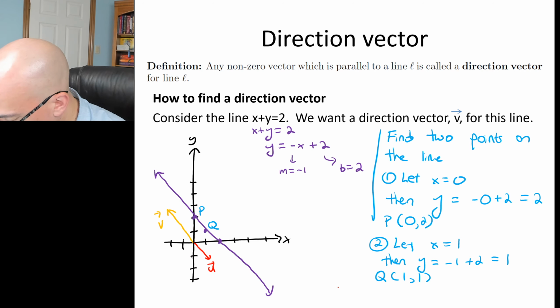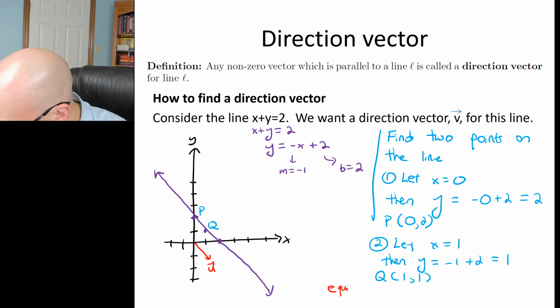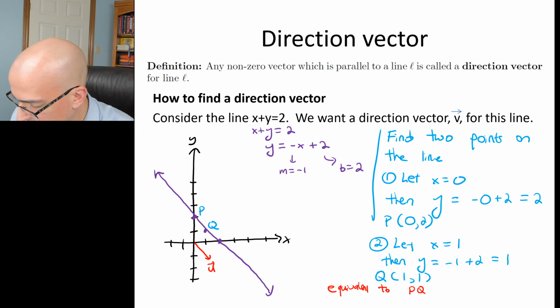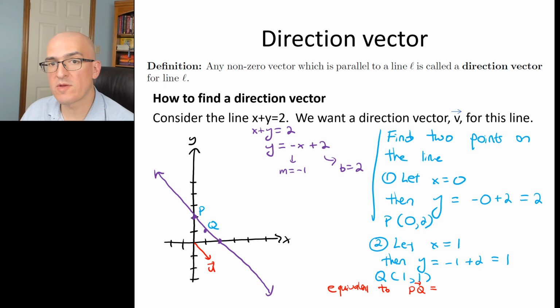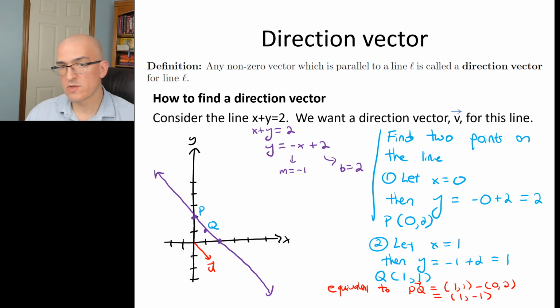From P to Q, so I'll erase V. We're finding U equivalent to a directed line segment that goes from the point P to the point Q. So (1, 1) minus (0, 2), which is (1, negative 1). So that is the vector, and I drew it a little bit too long, I should fix it.